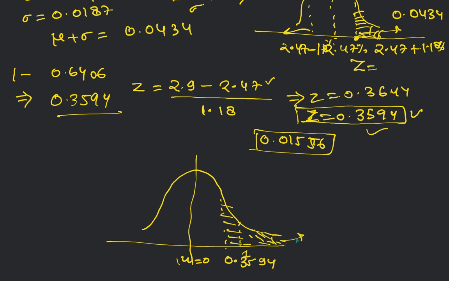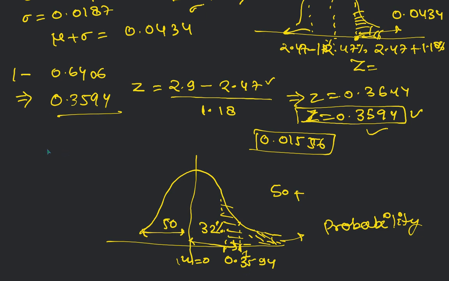This region gives us the probability, and up to this region we have a total of 32%. Up to this is 50%, and this is 50 plus, if I am considering it.